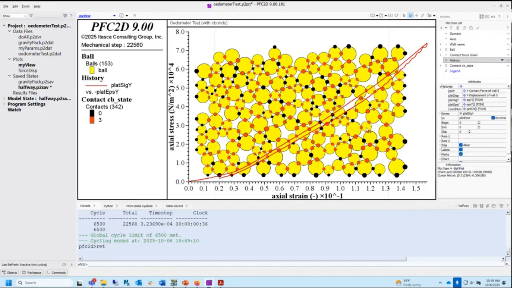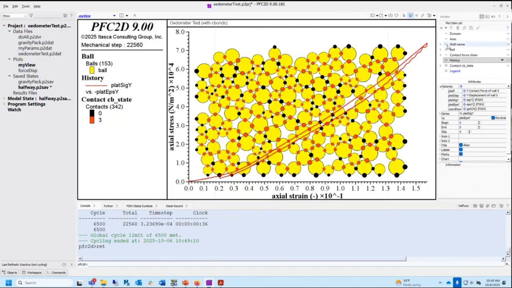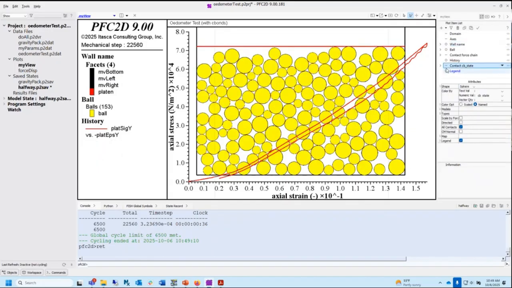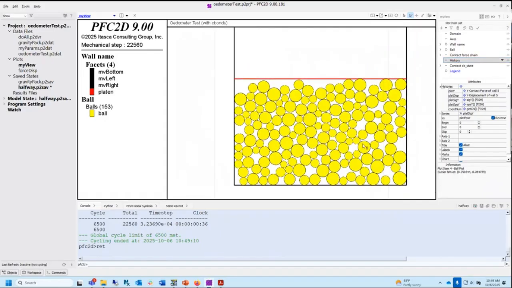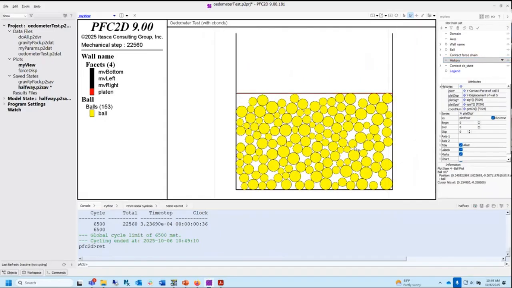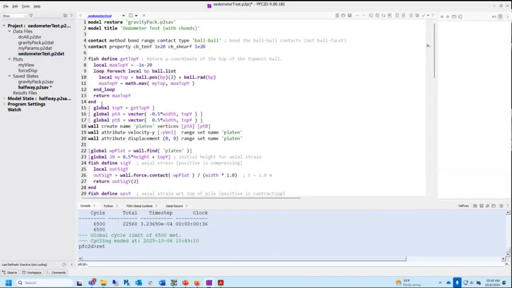Okay. Now we can actually do a UCS test. What do we have to do to turn this into a UCS test? Remove the confinement on the y-axis. Sorry? Remove the vertical walls. Absolutely. Let's do it. Now we got to be careful here.